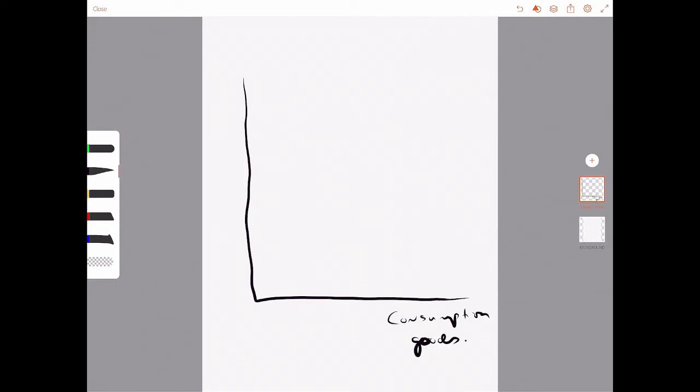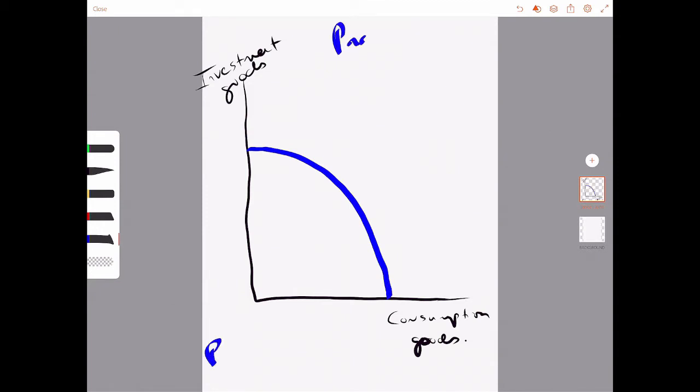We're going to have consumption goods here on the horizontal axis, and we're going to put investment goods on the vertical axis. And the curve that we use to show these changes in production possibilities looks something like this. We called it the production possibilities curve. So this is the production possibilities view of growth.